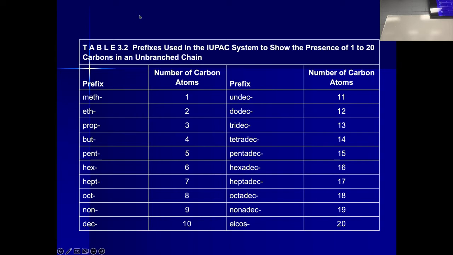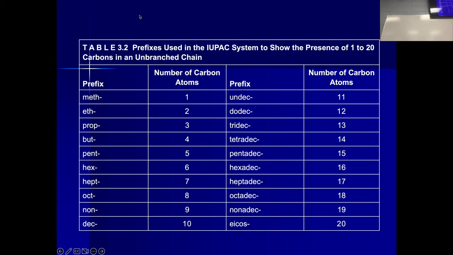Now, according to the naming, I got to figure out what my prefix is and my suffix. The suffix is pretty easy, right? It's an alkane. Now I got to figure out what my prefix is. It's what's attached to the parent.